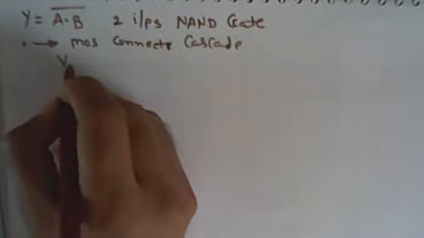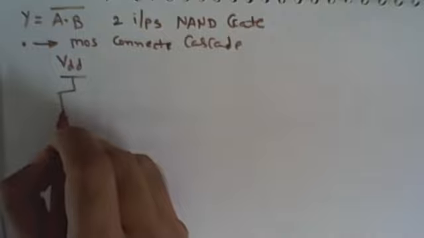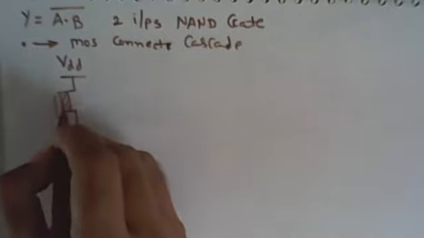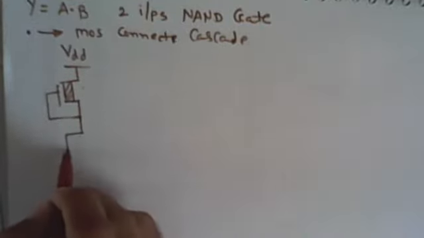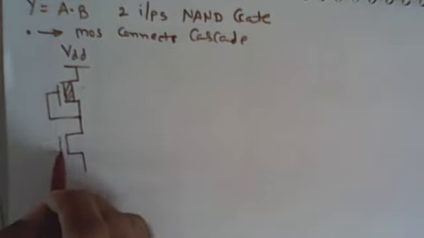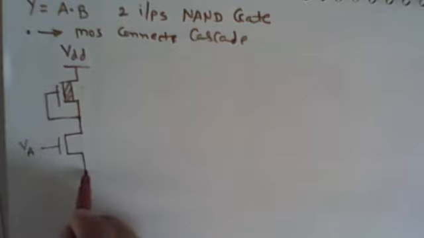So here is VDD, we have a load MOSFET, which is depletion type, and we have two driver MOSFETs, both connected in cascade: the driver MOSFET of A and the driver MOSFET of B.